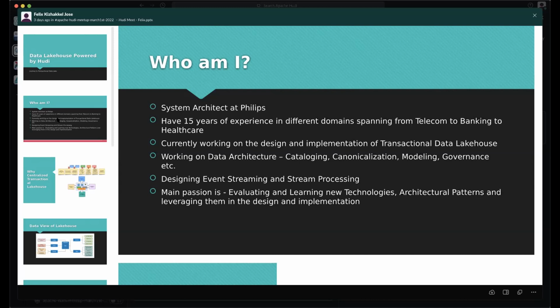I'm currently working on designing and implementing the transactional data store or lakehouse and its data architecture, especially the cataloging, canonicalization, modeling, etc. I'm also involved in event streaming and event stream processing at scale. My passion is evaluating and learning new technologies and architectural patterns and leveraging them in design and implementation. That is how I came across Apache Hudi as a solution for our problems.